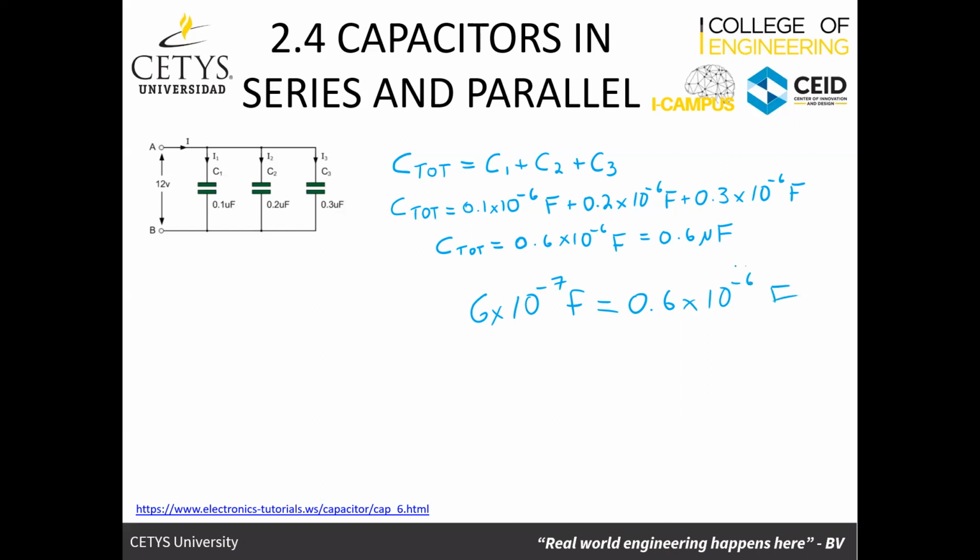If I want to turn the 6 into a 7, I need to move the decimal point this way. So it would be equivalent. Is that okay? Yes, that's good.